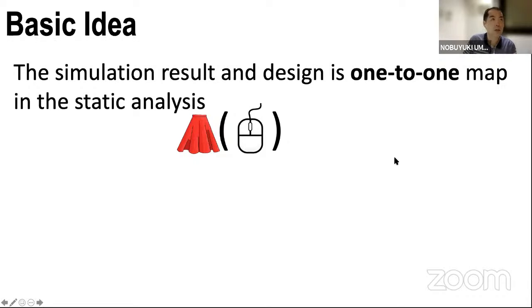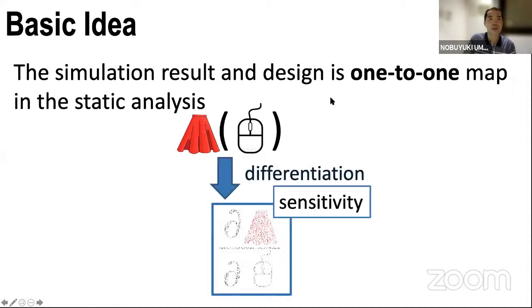The basic idea here is that the simulation result and the design have a one-to-one relationship for static analysis. So we can assume there is a static shape, and if we change the mouse position, the static shape changes accordingly. But this function is very time-consuming to evaluate. So instead of evaluating this function every time we move the mouse, we compute the sensitivity, that is, the gradient of the simulation result with respect to mouse position.